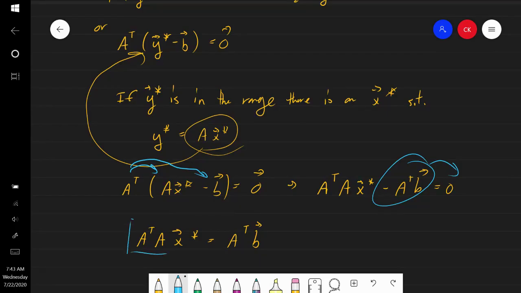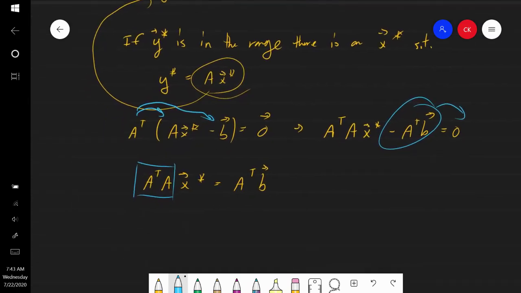So we can do that a couple of ways to solve for x. Ideally, if this is invertible, then we can multiply both sides by the inverse. And we haven't done a whole lot with that, but it looks a little like this. So we would have that x star, which is our least squares solution, would be A transpose A inverse times A transpose b.